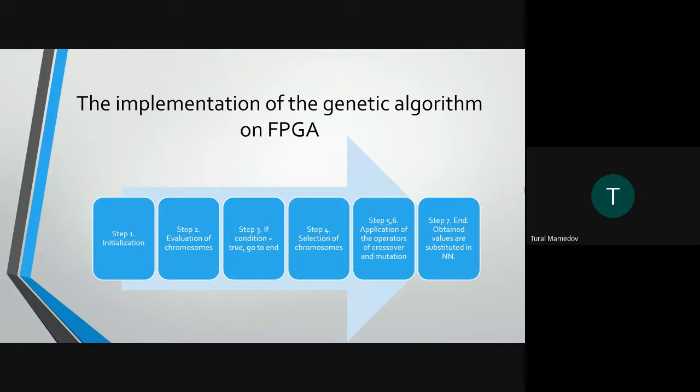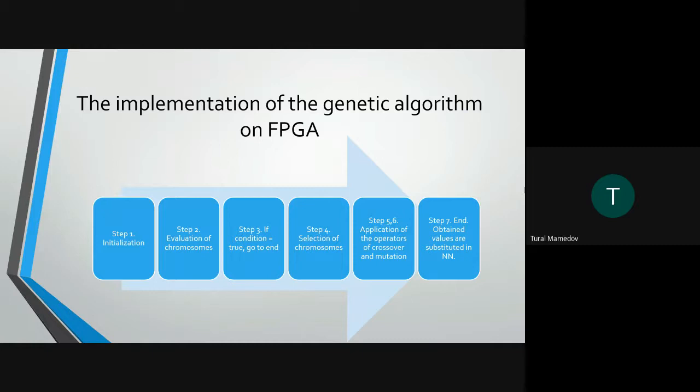First, initialization of the initial population with chromosomes that contain information about the values of weight coefficients, and a set of chromosomes is represented as a two-dimensional array. Then the evaluation of chromosomes of the current population. Each chromosome is decoded to a set of weight coefficients of the neural network.